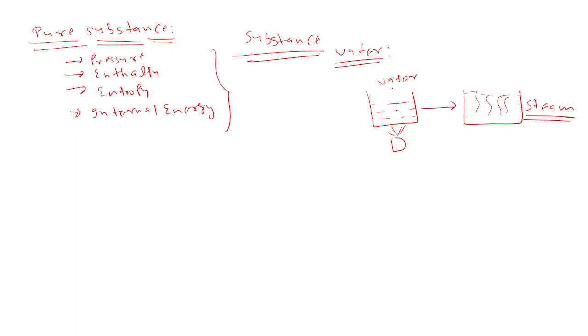So what is happening here? Phase change is happening, right? So phase from where to where? Liquid to gas it is happening here. So when we extract heat from this water, then it will become solid.